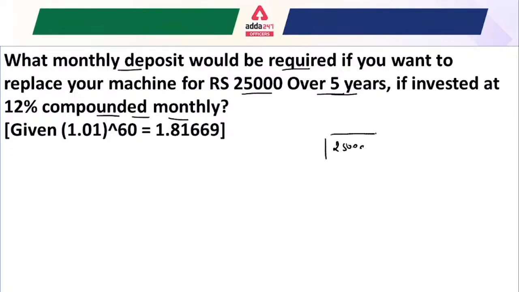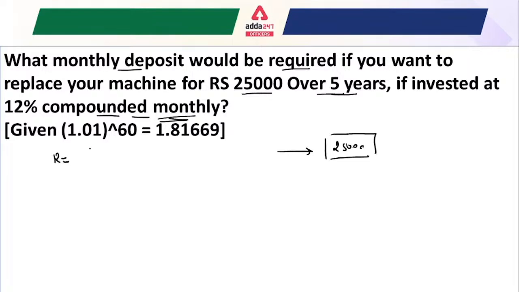Okay, that means for the 5 years you want some monthly deposit that would accumulate and make 25,000 rupees, right? And it is invested at 12% compounded monthly. Whenever you have to solve questions like this, you have to focus on what the question is.